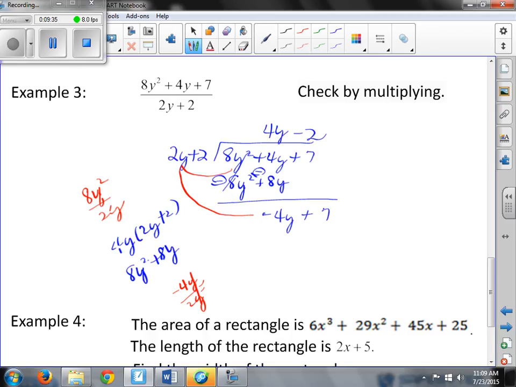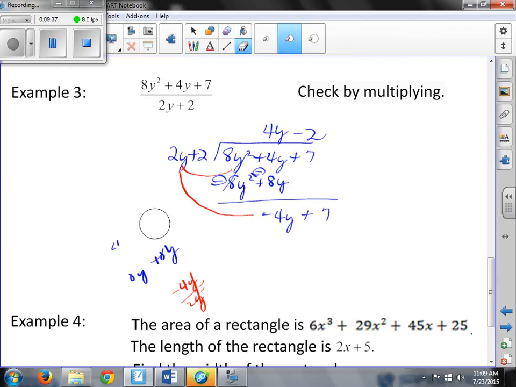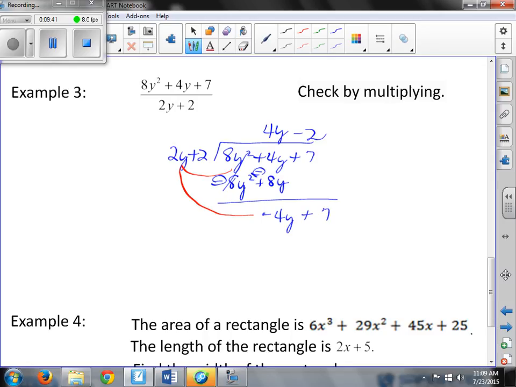So I'll have negative 2 times 2y plus 2 gives me negative 4y minus 4. Draw the line, change my signs, and I will have 7 plus 4 is 11 left over.